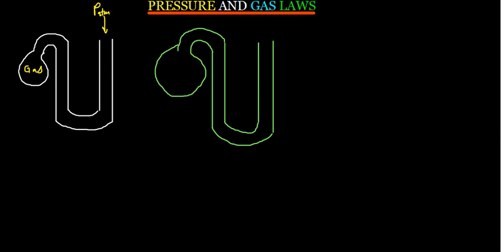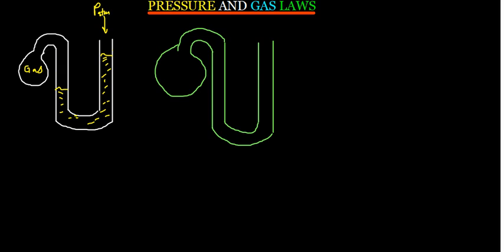So if we get to see that the liquid here is at this level and then it reaches this level, this is going to tell us that the pressure of the gas is much higher than the pressure of the atmosphere. That is why the gas has exerted a much greater force that has pushed the liquid this far.